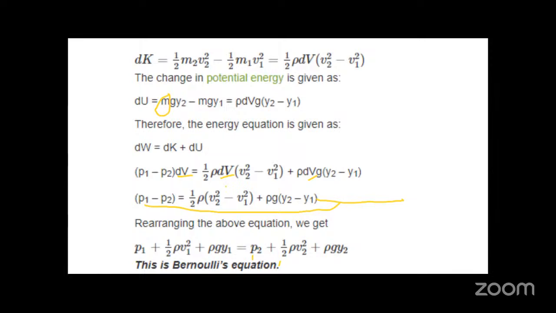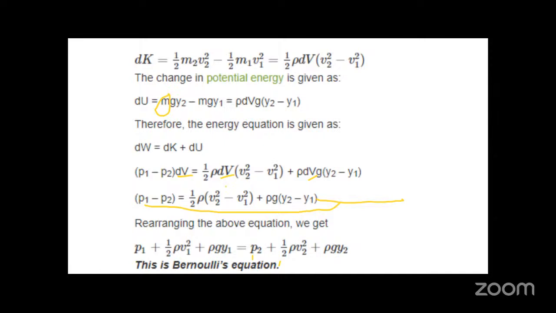Now, if we rearrange this expression, considering what is happening in area 1 separately, and what is happening in area 2 separately, that is where the fluid is flowing in, the entry point, and where the fluid is flowing out, the exit point, if we separate the expression to consider that, we'll have P1 plus half rho V1 square plus rho gY1 is equal to P2 plus half rho V2 square plus rho gY2.